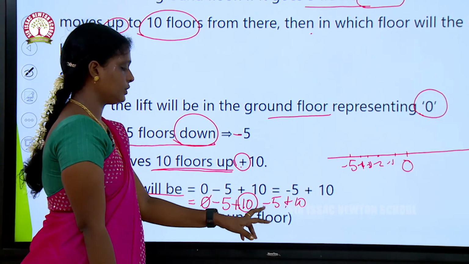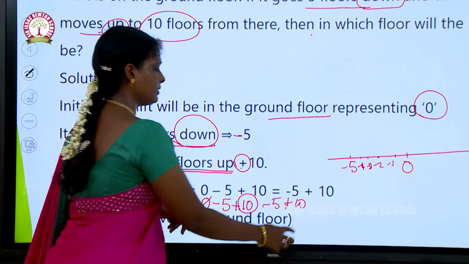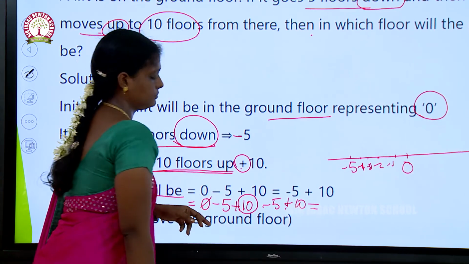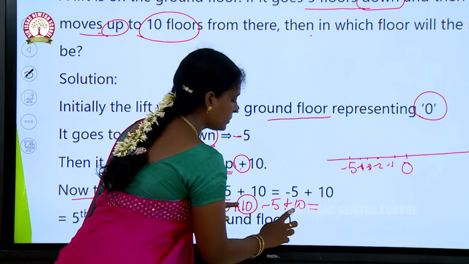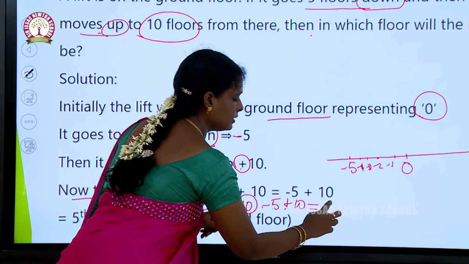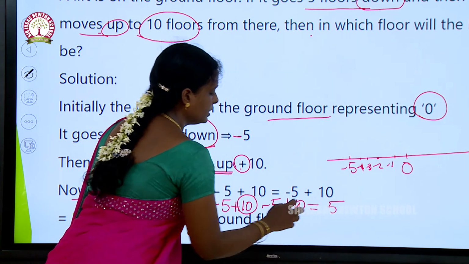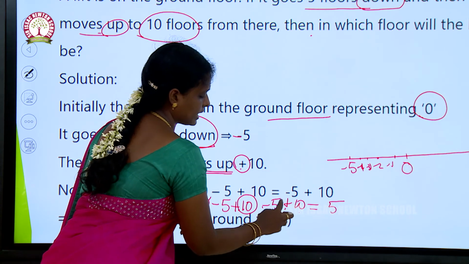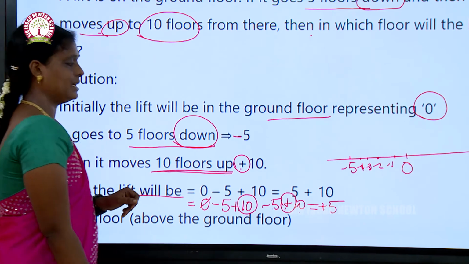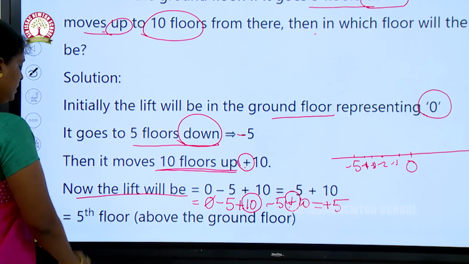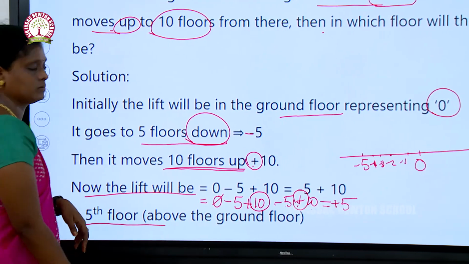I have already told you, if the signs are different, what we have to do? Yeah, we have to subtract. So if we subtract 5 from 10, we will get 5. Here the positive number sign is plus. So the answer is plus 5. Finally, it is on the 5th floor.